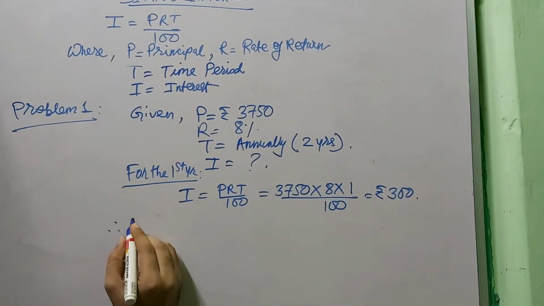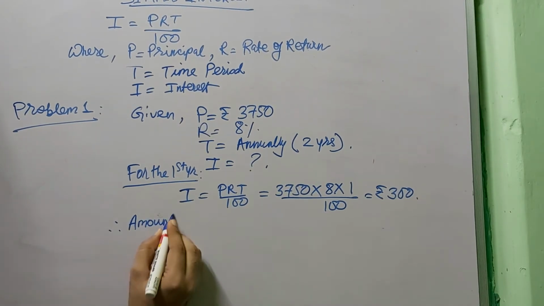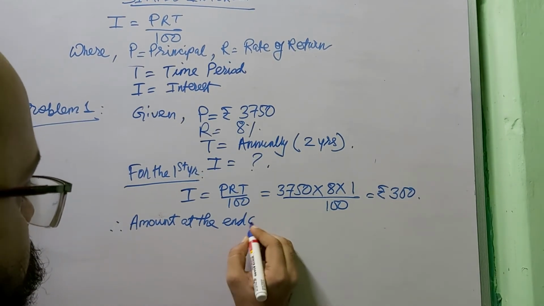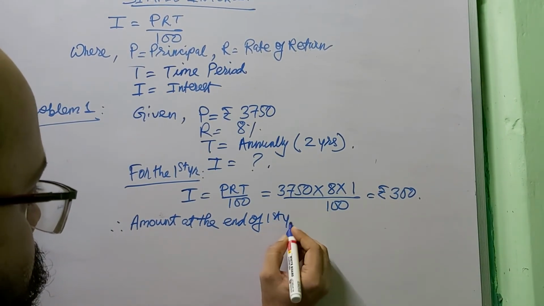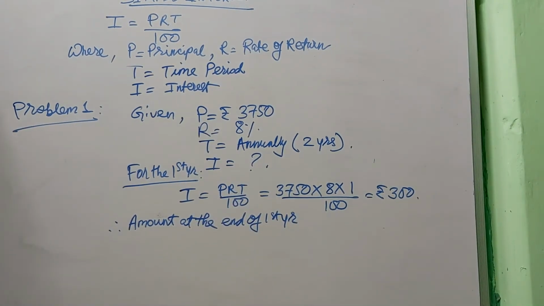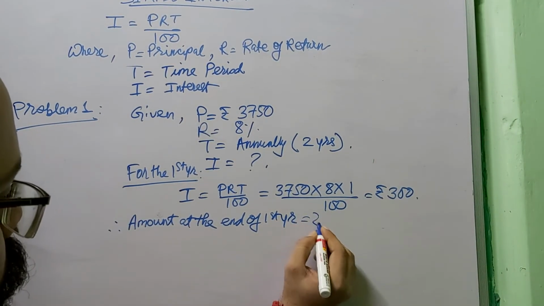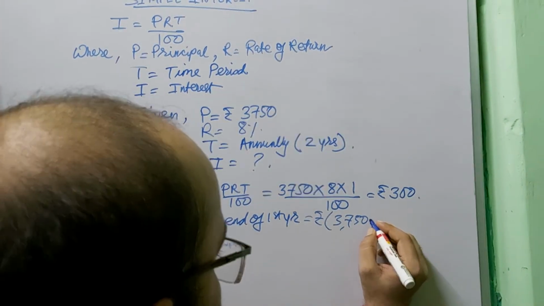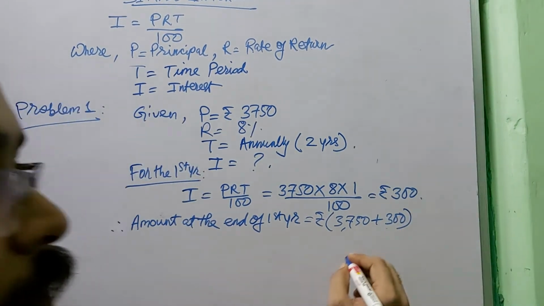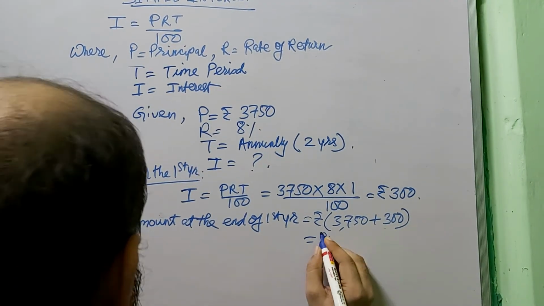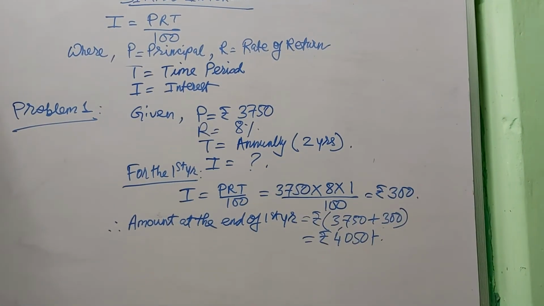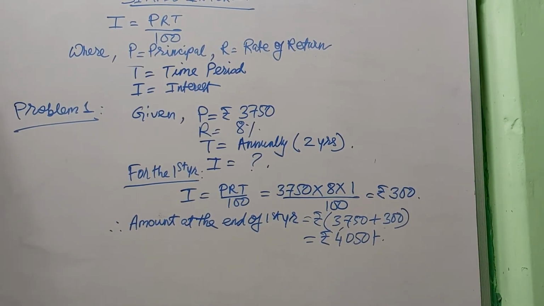The amount at the end of the first year will be rupees 3750 plus 300, which is rupees 4050.